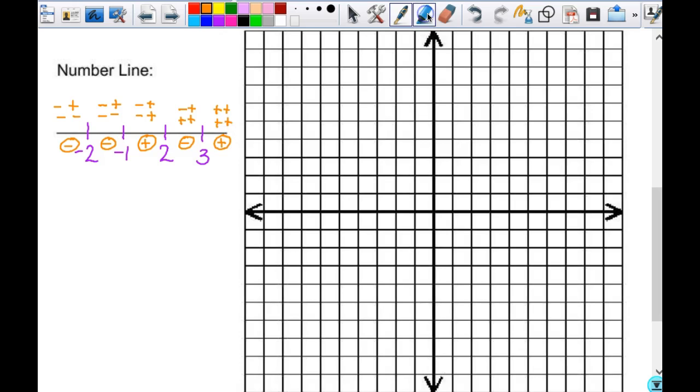So I'm going to graph my asymptotes. And I've got x equals -1 and x equals 2.